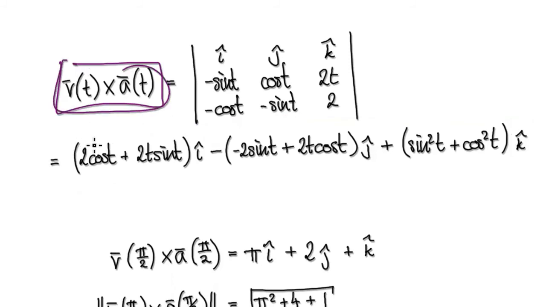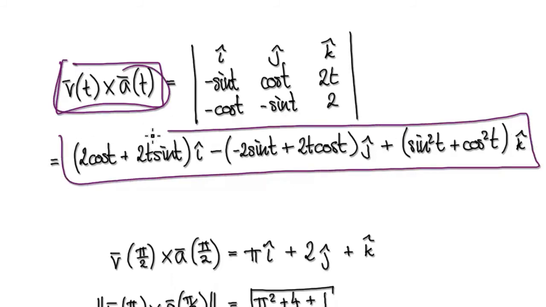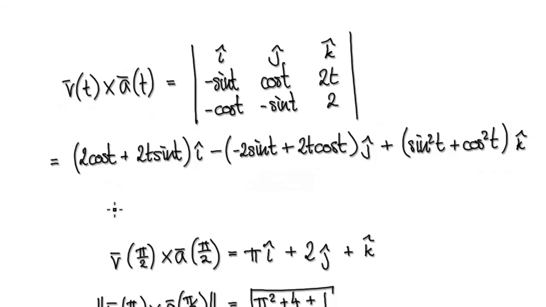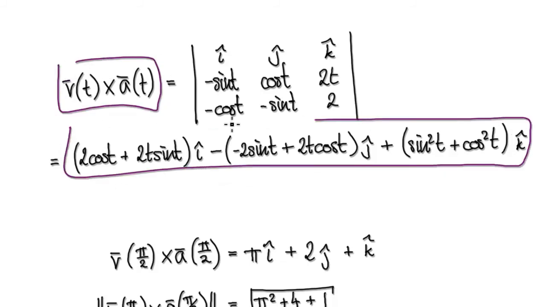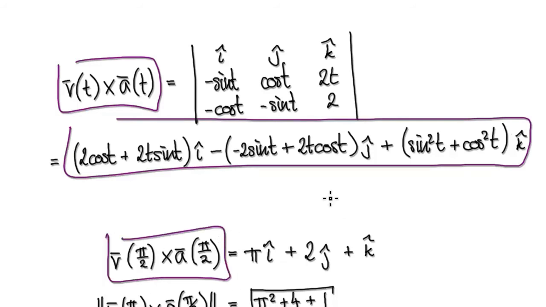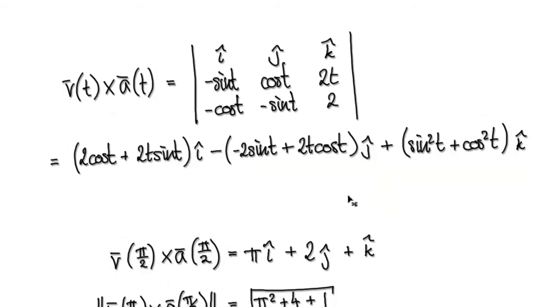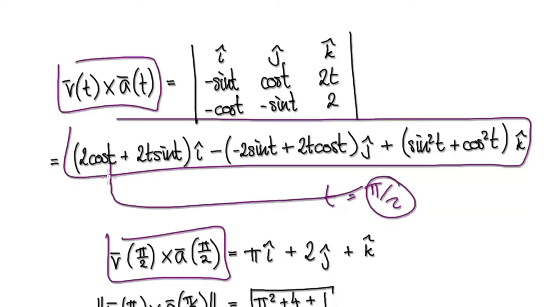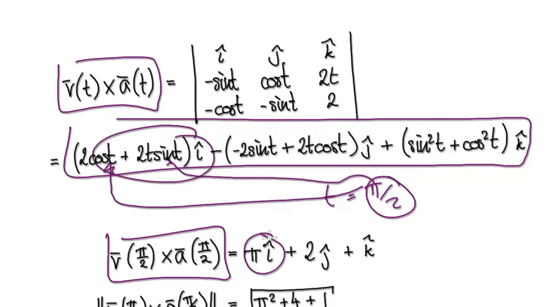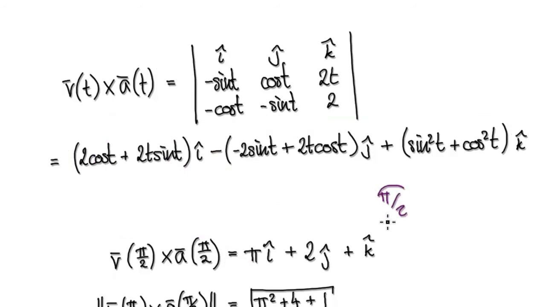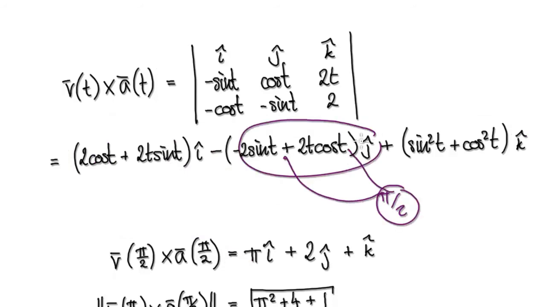The cross product would be given by this, and then we want to evaluate it at time equals pi over 2. So at time pi over 2, we will put this into here, then this whole thing here will become this, and then put pi over 2 into here, this whole thing here will then give you this.